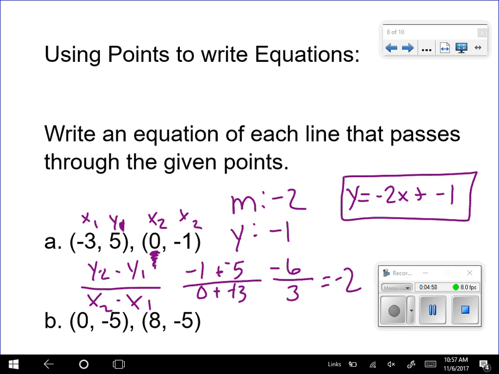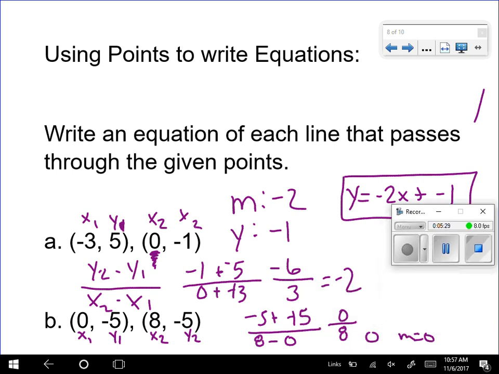We're going to do the same thing for b. So we have x1, y1, x2, and y2. I'm going to plug that into this formula here. So we got negative 5 minus negative 5 over 8 minus 0. We're going to have 0 over 8, which is 0. So our slope is 0.